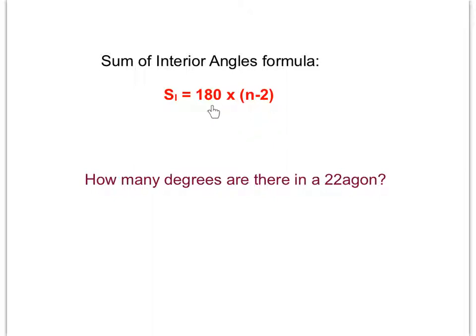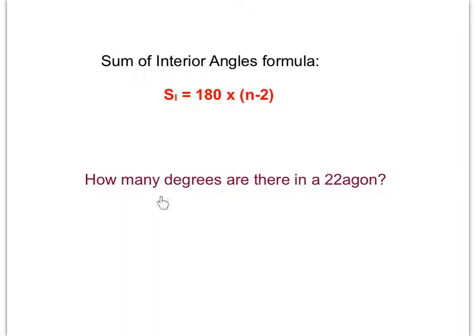In the quadrilateral, we had 2 triangles, so 180 times 4, the number of sides, minus 2. 180 times 2 is 360. Each time we added a side to our polygon, we added a triangle inside, so we added 180 degrees. So how many degrees are there in a 22-sided polygon, a 22-agon?